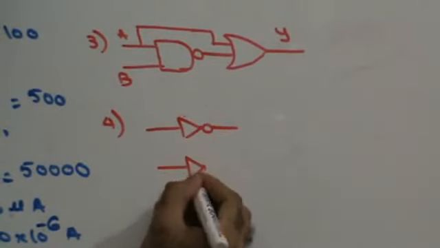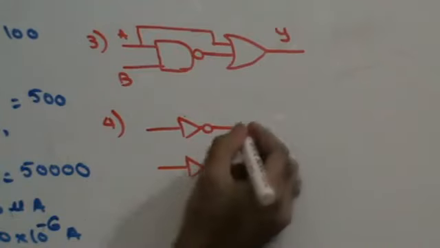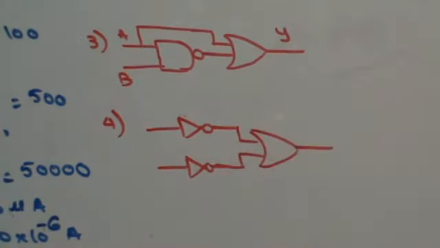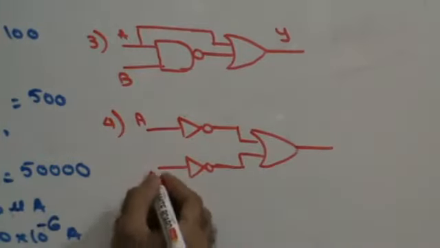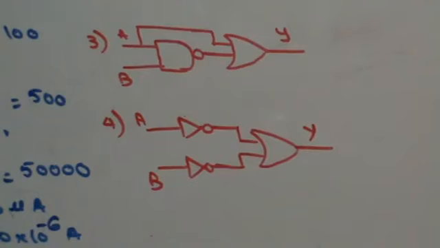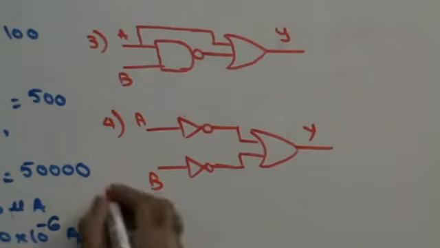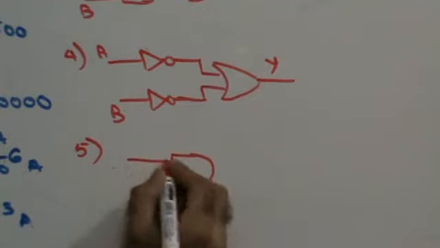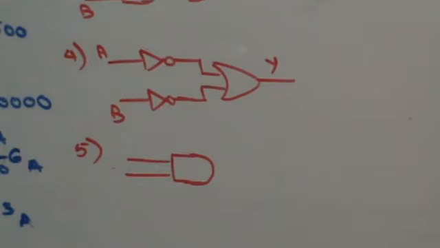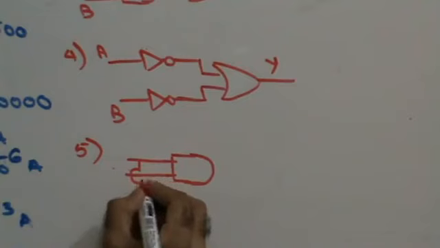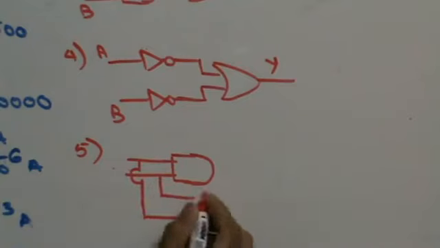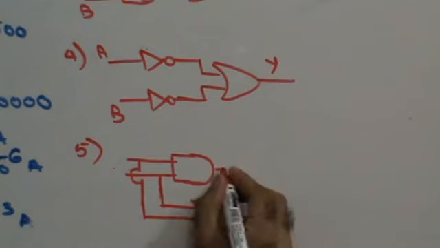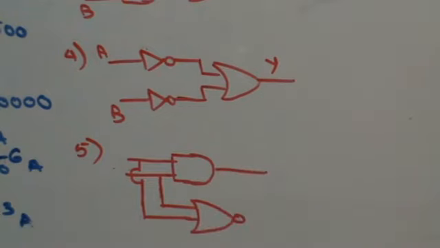NOT gate, NOT gate, OR gate, right? A, B, and output is Y. AND gate, NOR gate, that's your jumper, which goes into another NOR gate.